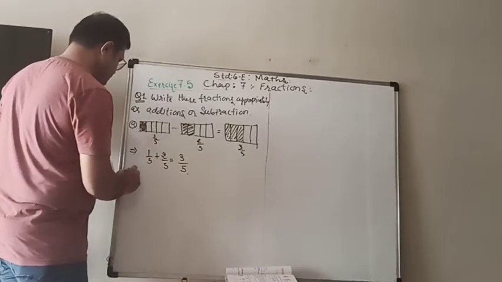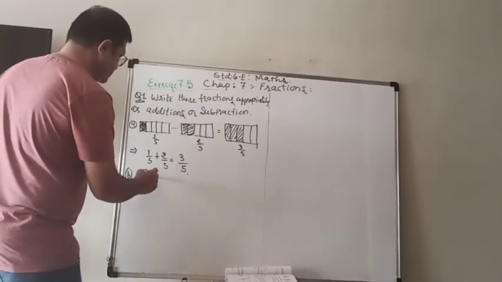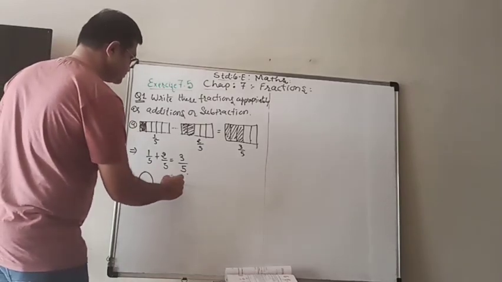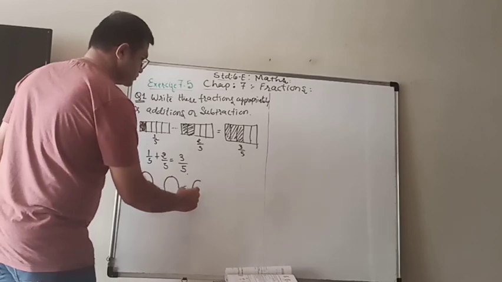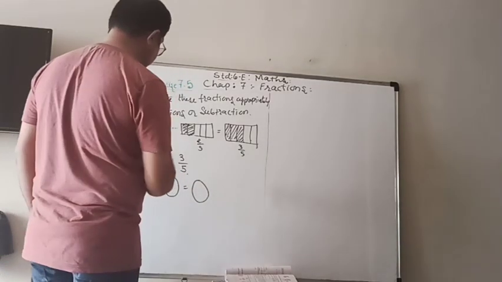Let's see another one in which circles are there. How many? 1, 2, 3, 4, 5 parts are done.